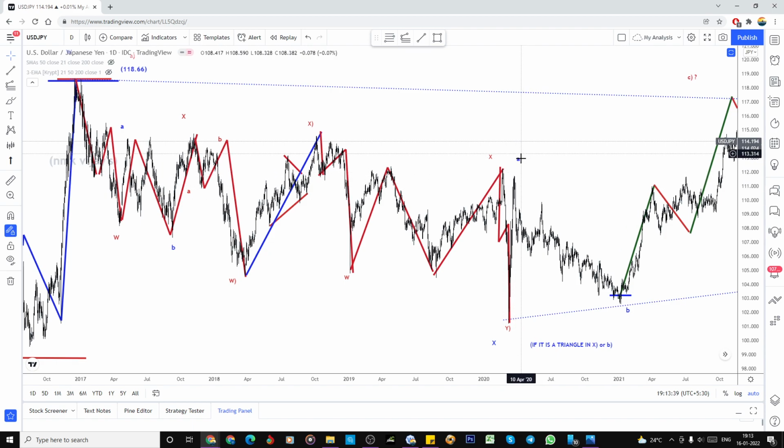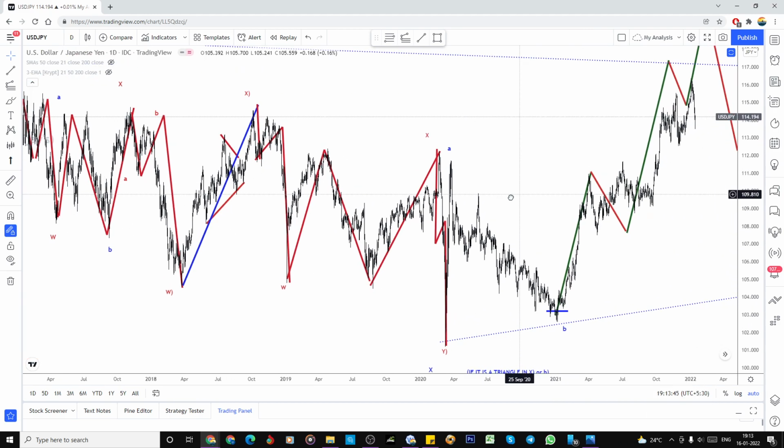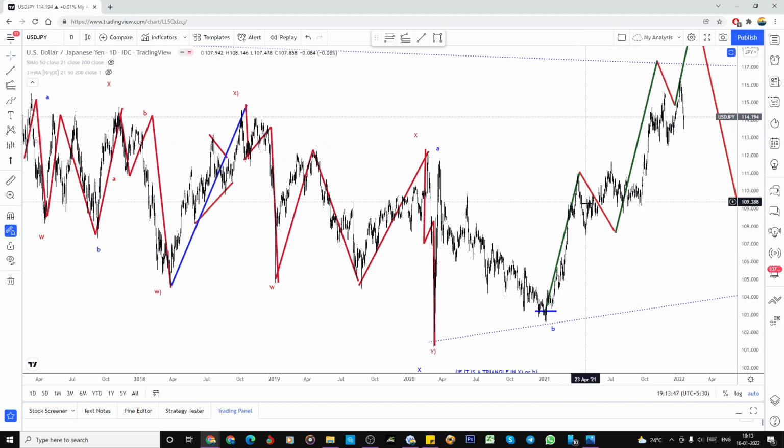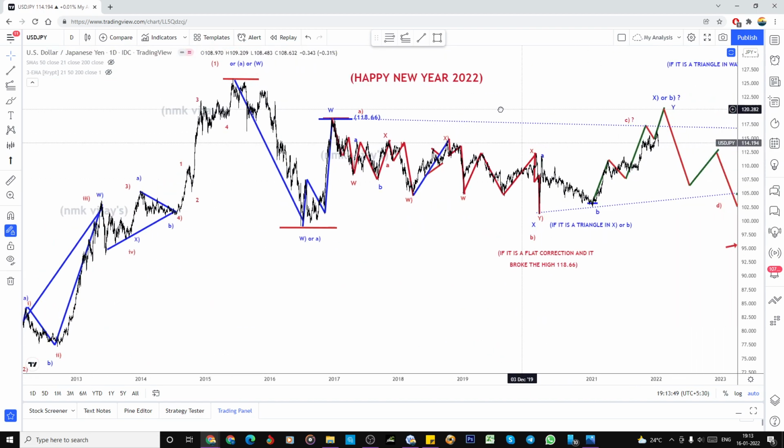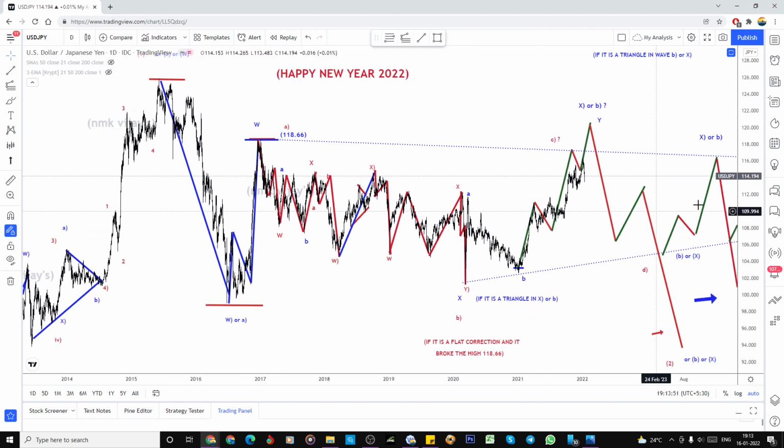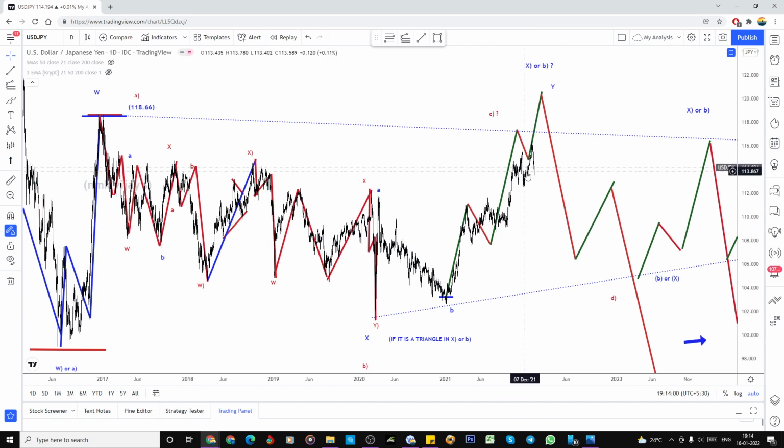So that I did as A, and it took nearly 11 months for the B wave, and later on it took off. If you go through my charts, you will come to know, everything is open in TradingView in my account. So 1, 2, and 3 is dead, we are in the fourth wave.